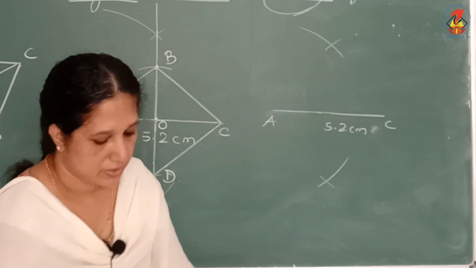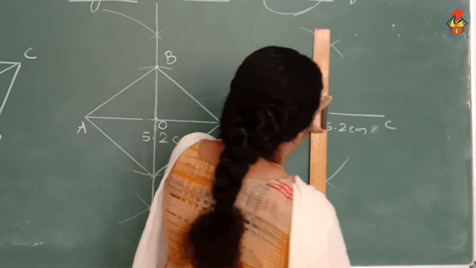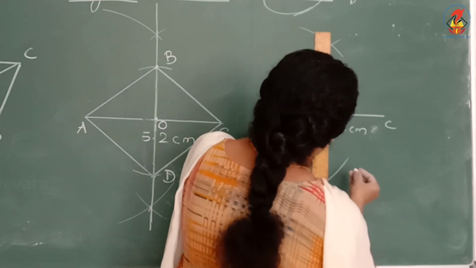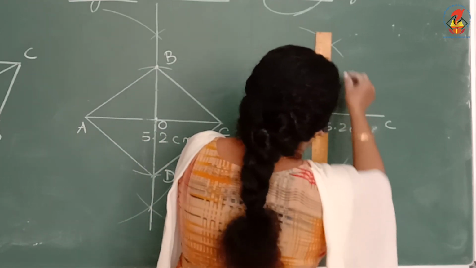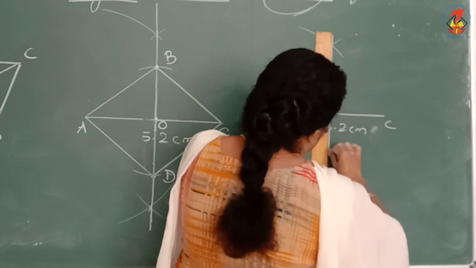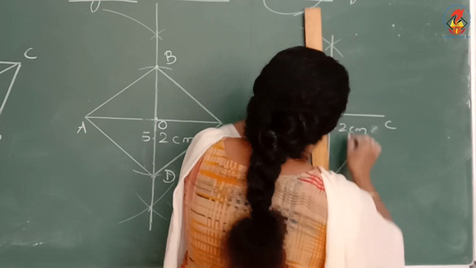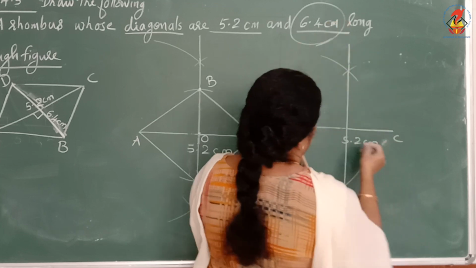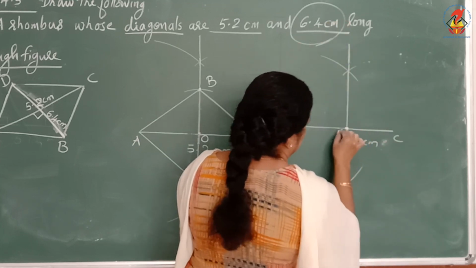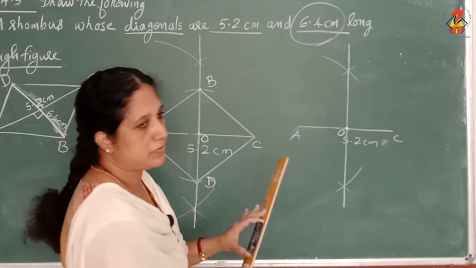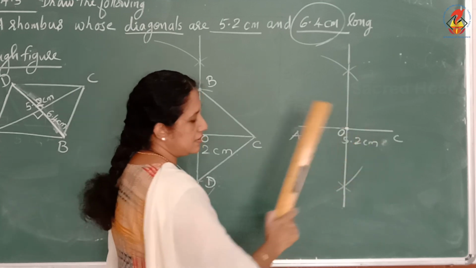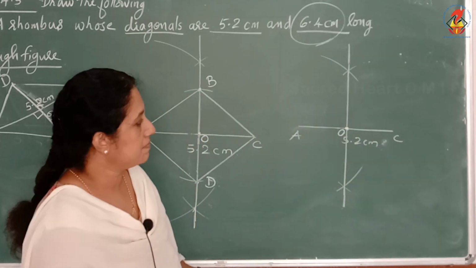Let O be the point of intersection of the bisector with the line segment AC.